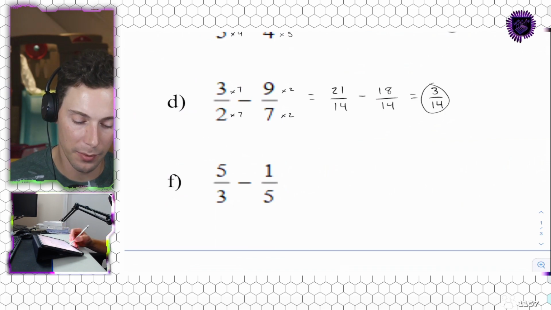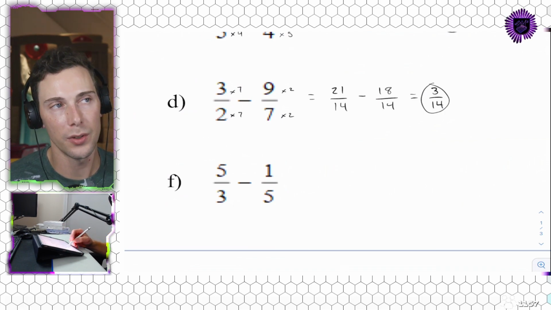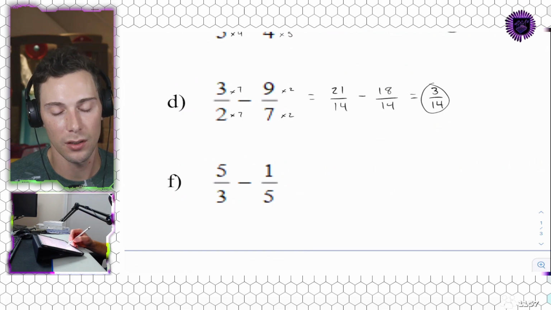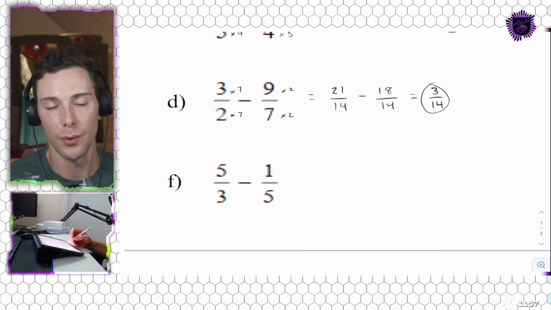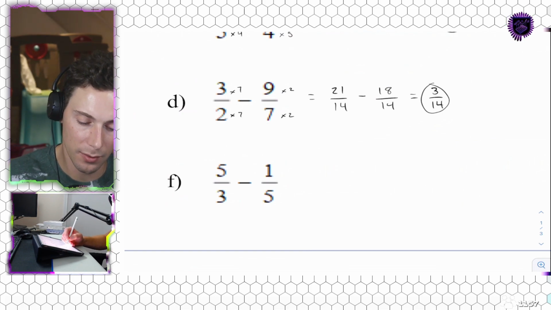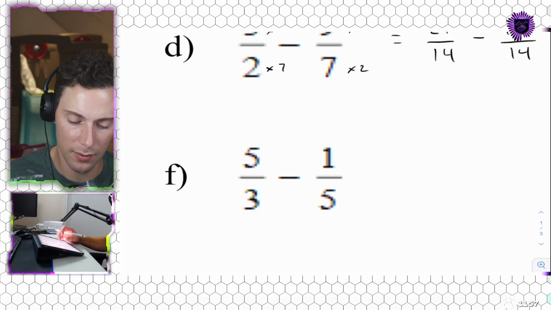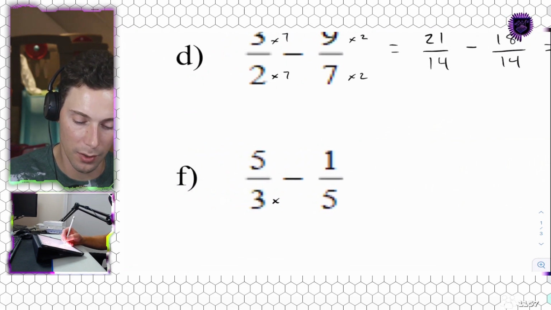3/5 and 5/3. To find the lowest common denominator here, we're going to cross multiply again. It's a very common thing to do because we've done it over and over and over again.